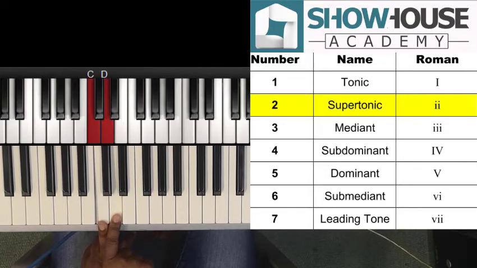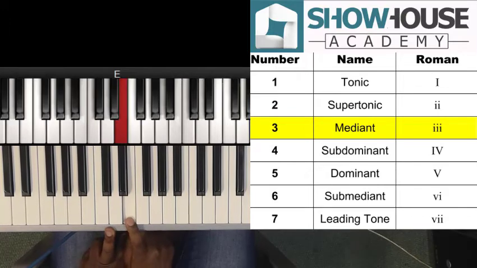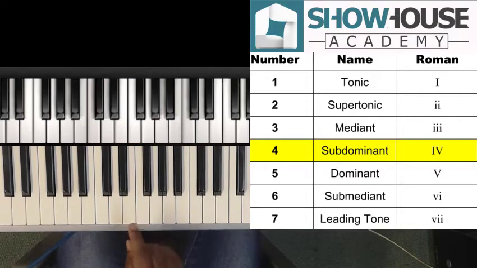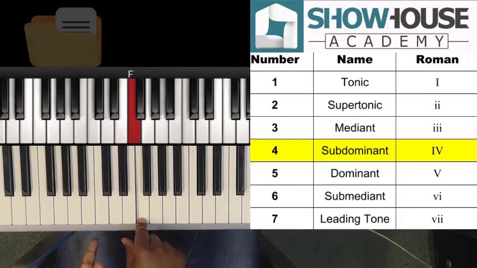And then 3 is called the mediant. And then 4 is the predominant or subdominant. I don't know, I'm not good at distinguishing between the two. Subdominant or predominant, let's just call it a subdominant.